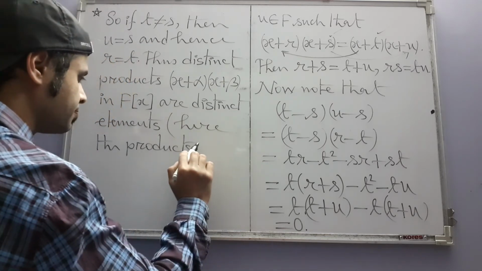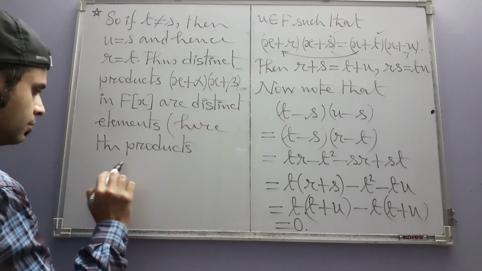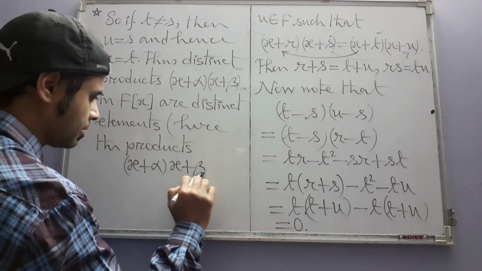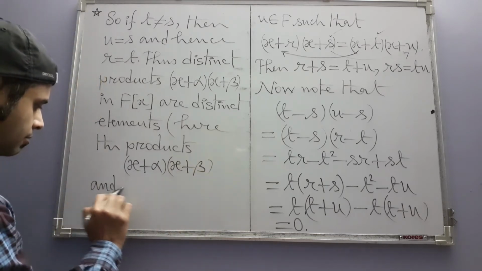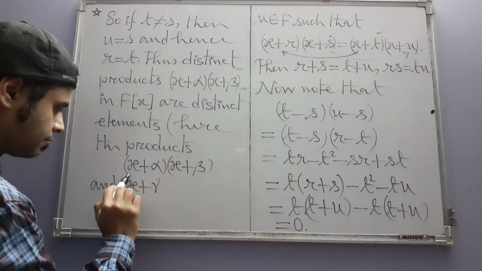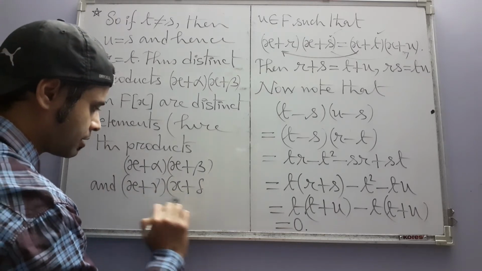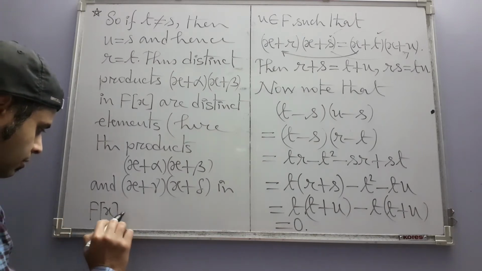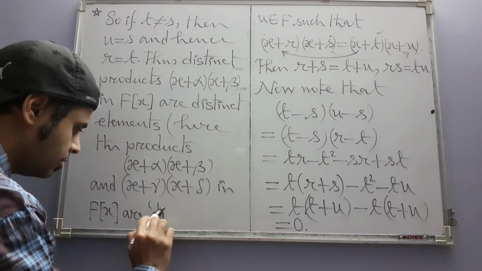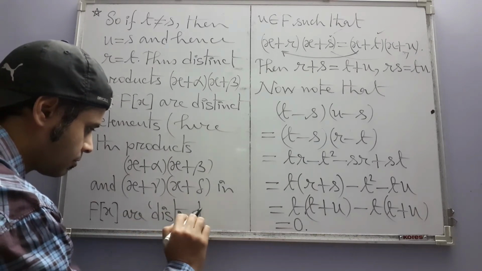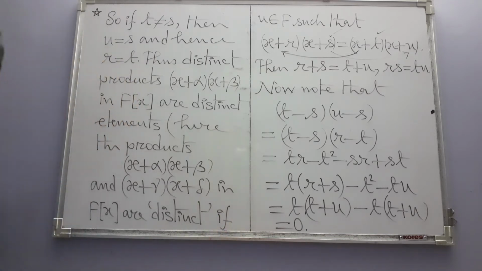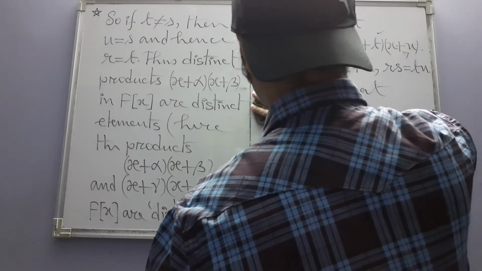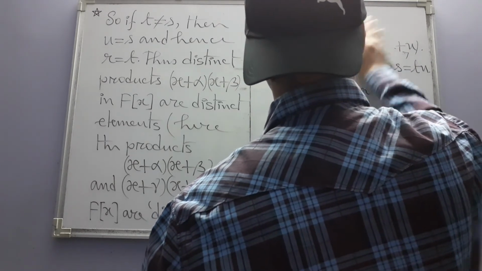Here the products x plus alpha times x plus beta and x plus gamma times x plus delta in F[x] are distinct if the sets of those parameters, that is alpha, beta and gamma, delta, are distinct.